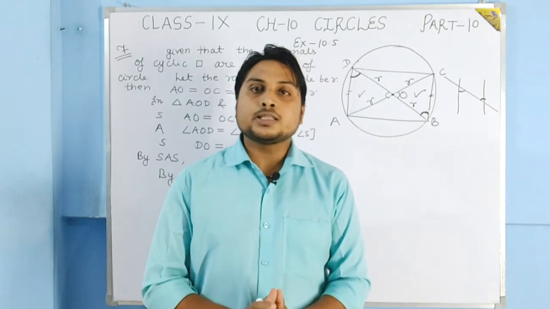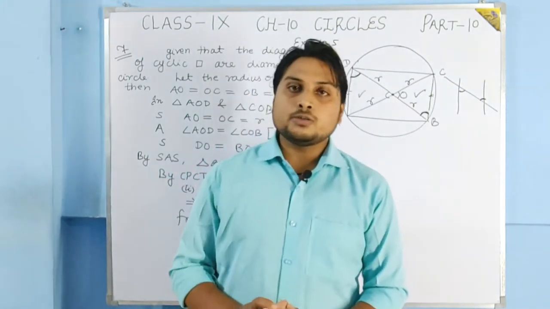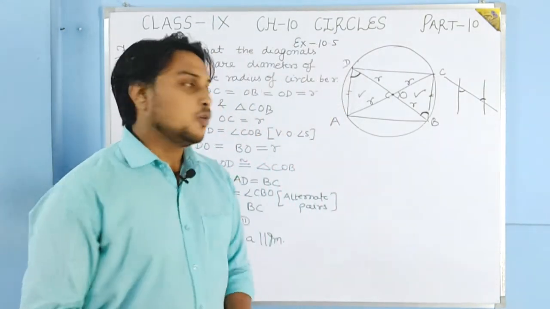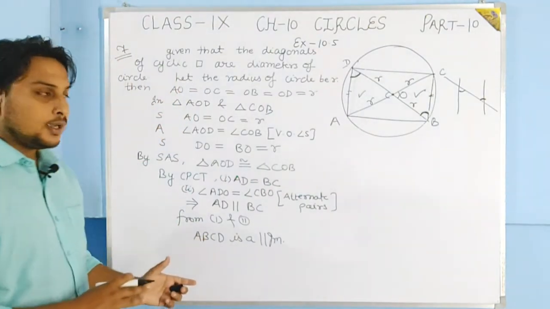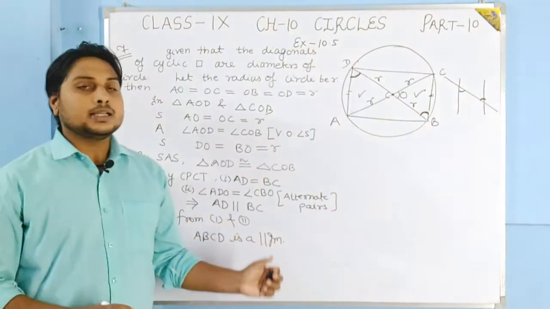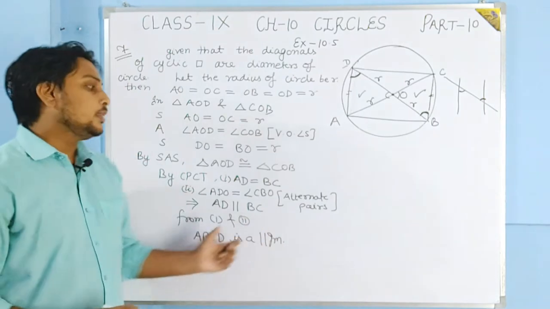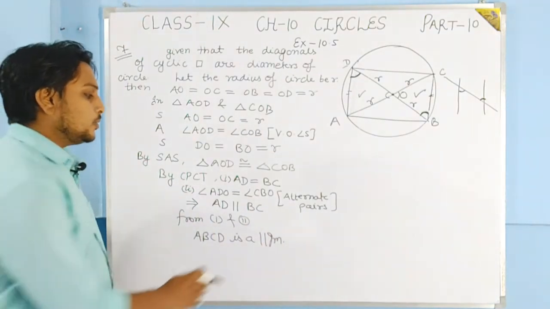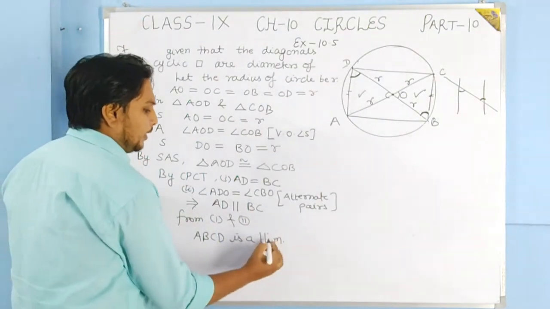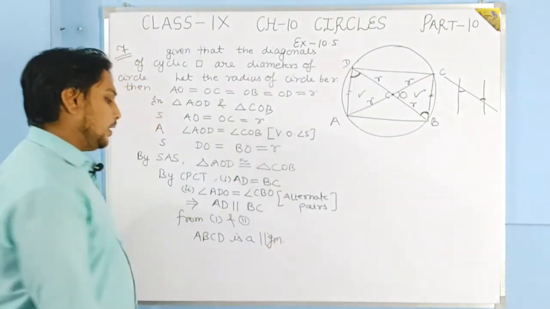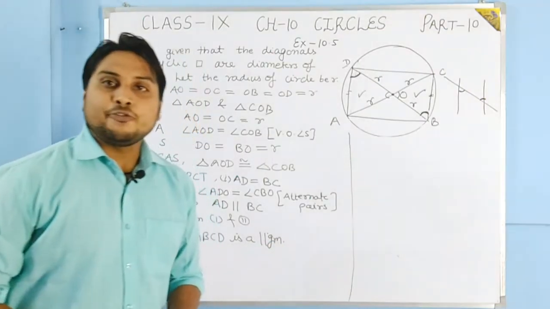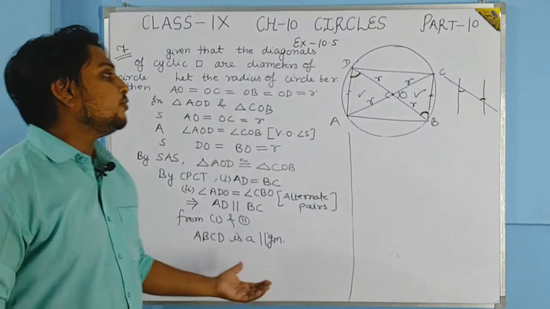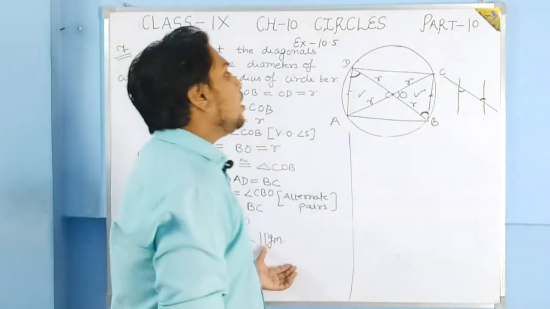That quadrilateral is a parallelogram. I have told you this in chapter number 8. Okay, so using that result, that one pair of opposite sides is parallel and equal, then that quadrilateral is a parallelogram. So here we have shown that ABCD is a parallelogram. Now students, the first target is achieved.